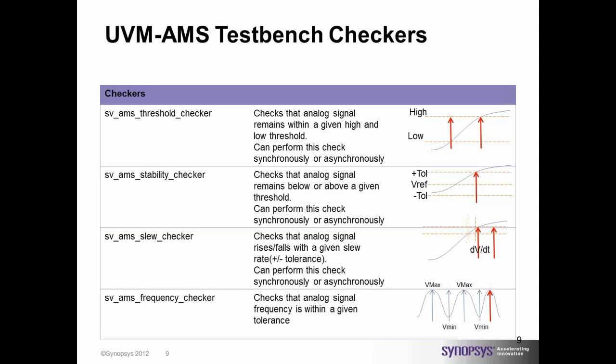Then you have the slew checker, which checks for the analog signal rise and fall with a given slew rate plus or minus a tolerance, and similarly a frequency checker where it will go ahead and check the analog signal frequency is within a given tolerance. So there are a lot of these kinds of checkers built in the package. All that needs to be done is to instantiate them and connect them to the correct node.